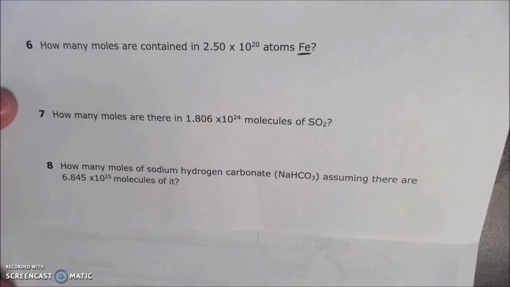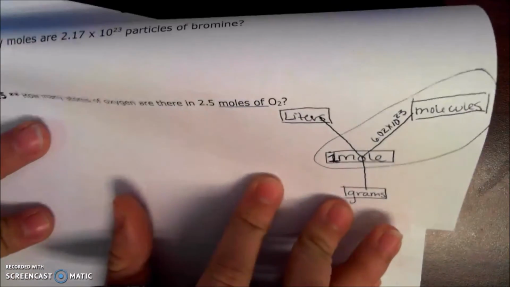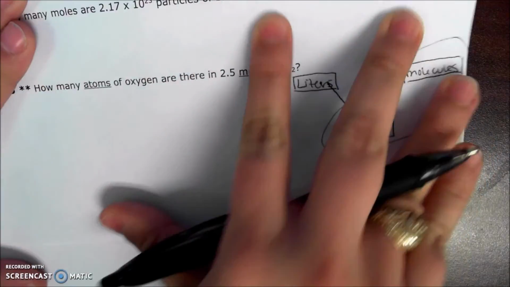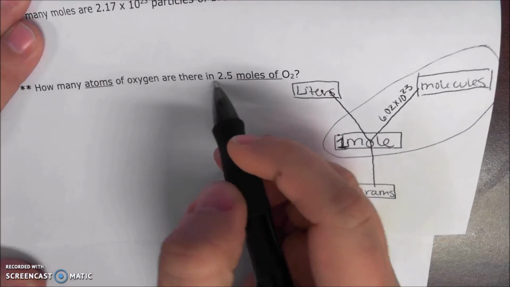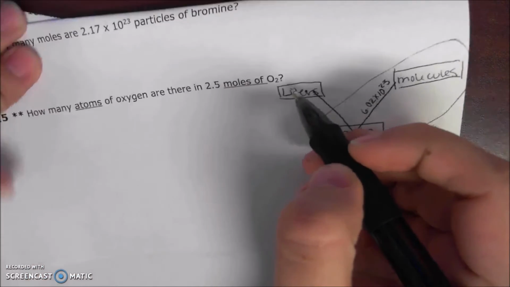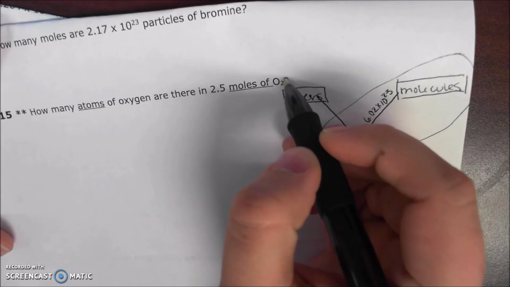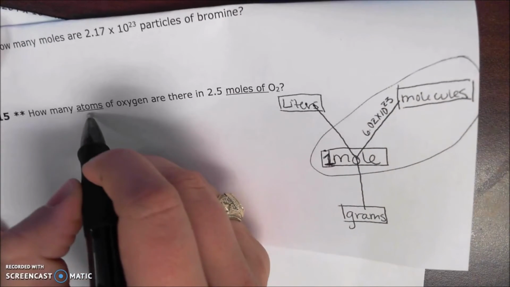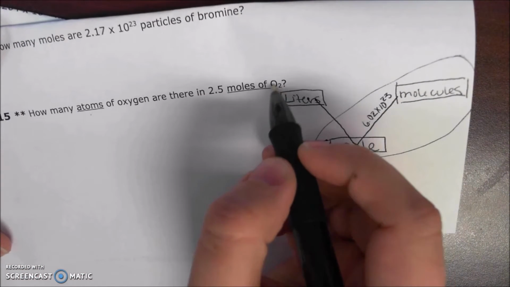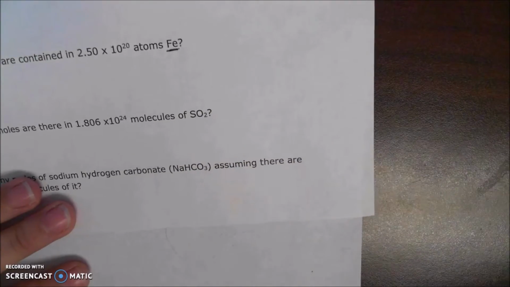But if you come to a problem later like, how many atoms of oxygen are there in 2.5 moles of O2? You have to be careful here, because for every molecule of O2 there are 2 atoms, so you would have to multiply the final number by 2. All right, so let's go back to number 6.